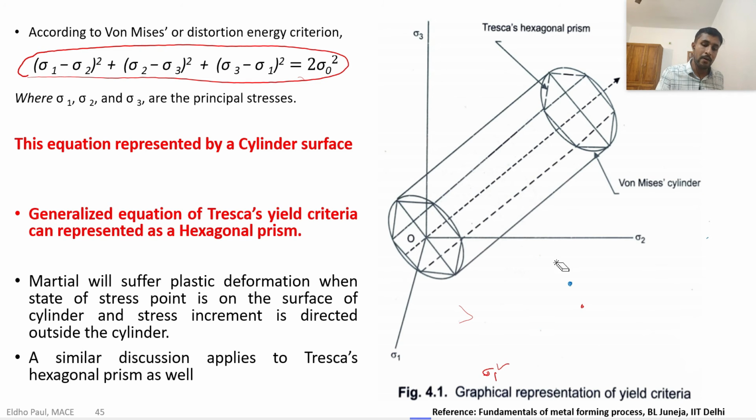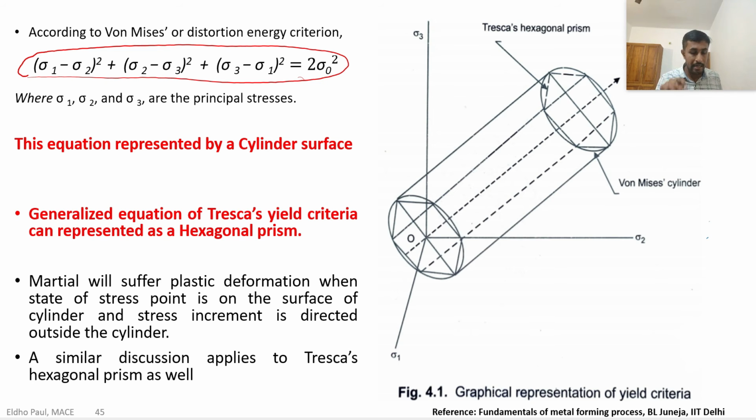Similarly, we can draw a diagram for the Tresca criteria also. For the Tresca criteria, we only studied the simple equation, sigma 1 minus sigma 3 by 2 is equal to tau 0. But for the Tresca criteria also, we can develop a generalized equation.